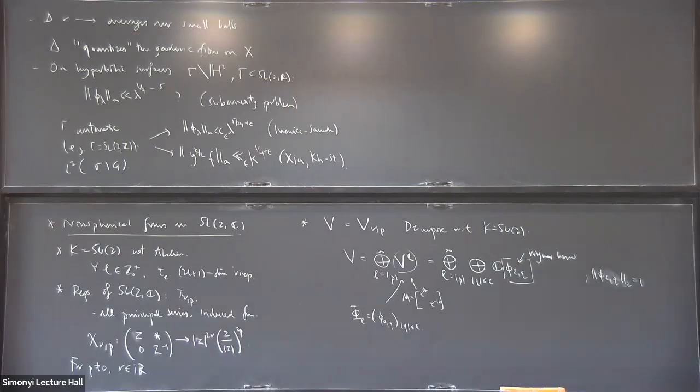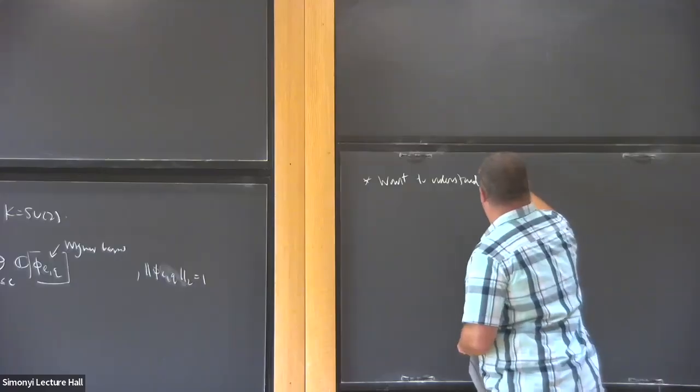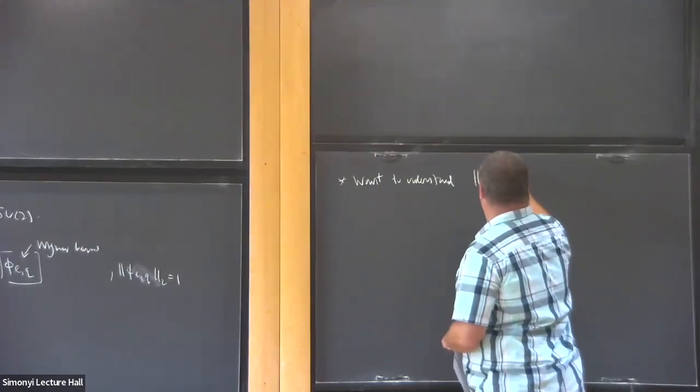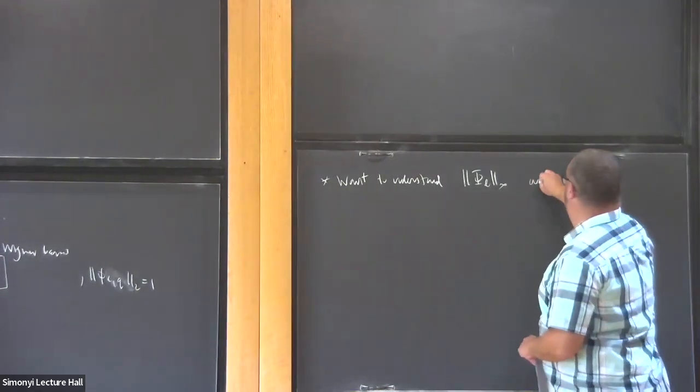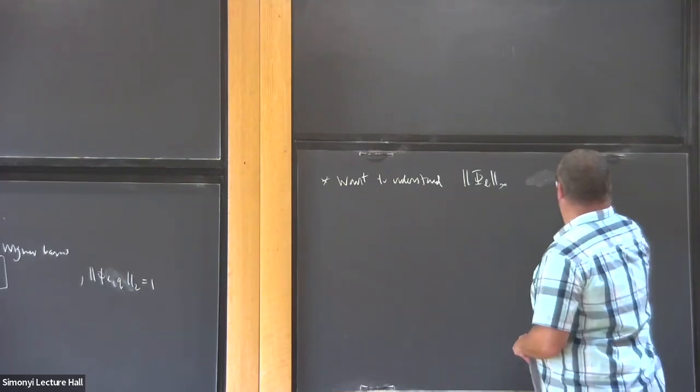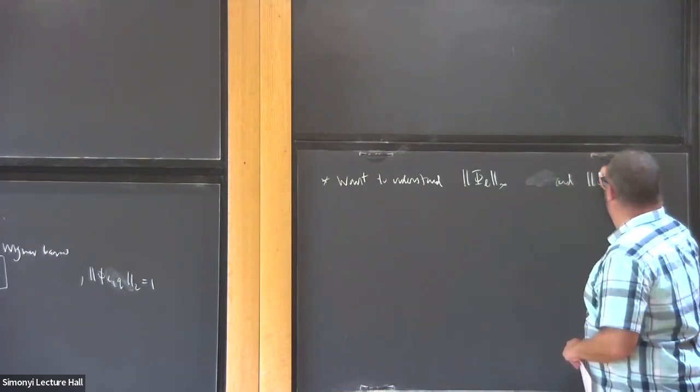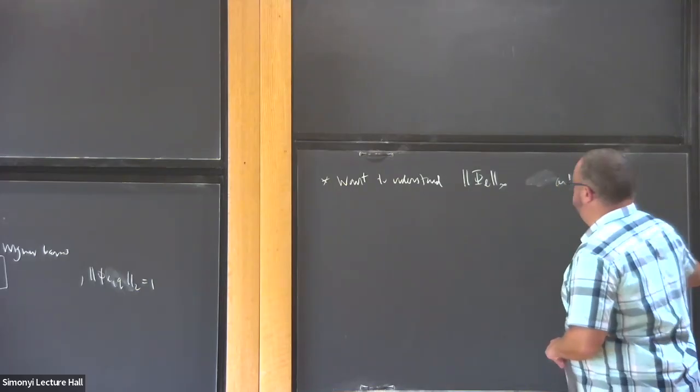So we want to understand how large can this be? So how large can the sup-norm of phi L, and how large can the sup-norm of phi L cube be? Okay.